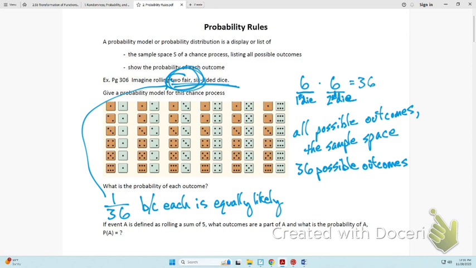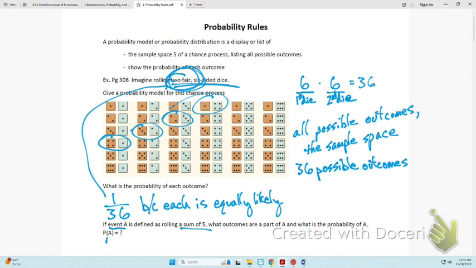They're defining event A as the sum of 5. I don't know any other way to do it than to display the sample space, because it's hard to know all the ways that you can add to 5. You could do it in your head, but you risk missing one. So here's one way. Here's another way. Here's another way. And another way. And that looks like it. So there are 4 outcomes.